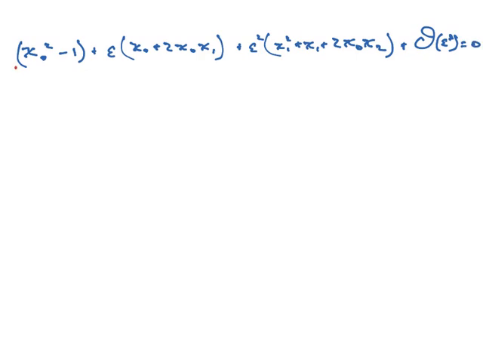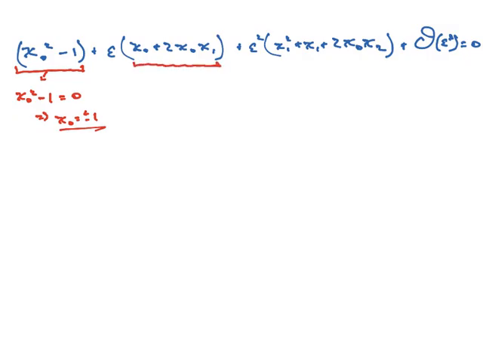So let's do this term by term, group by group. This group should be 0. So x naught squared minus 1 should be equal to 0. This tells me x naught should be plus or minus 1. I've now figured out what x naught is. Okay, fine. Now let's move on to the next group.